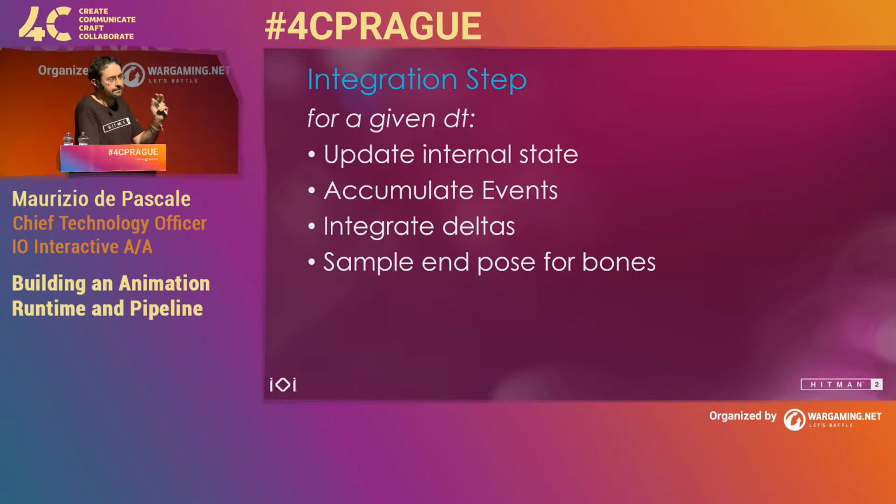So overall, that dt can be scaled up or scaled down or transformed during the update. During the update, state machines will check if they need to take a transition or not. Blend nodes will mostly do a big loop on their inputs, and source nodes will sample events and find the keyframes that need to be sent to the upper layers.